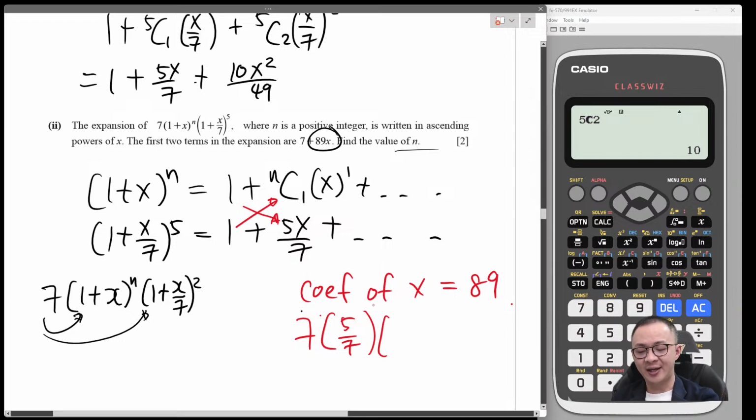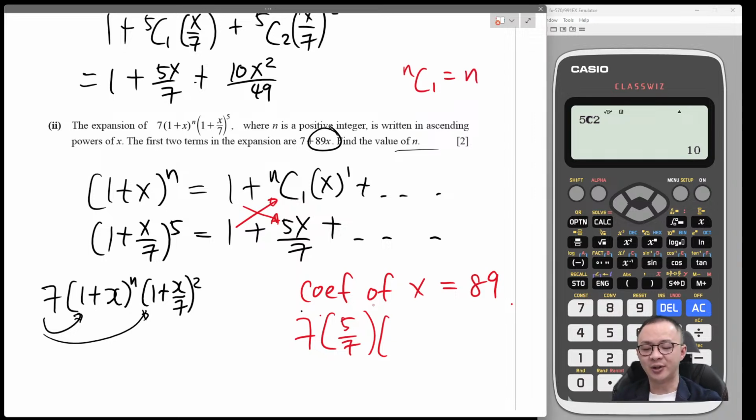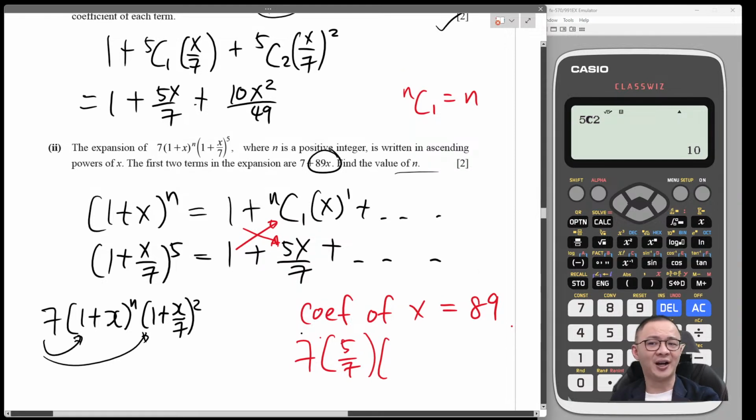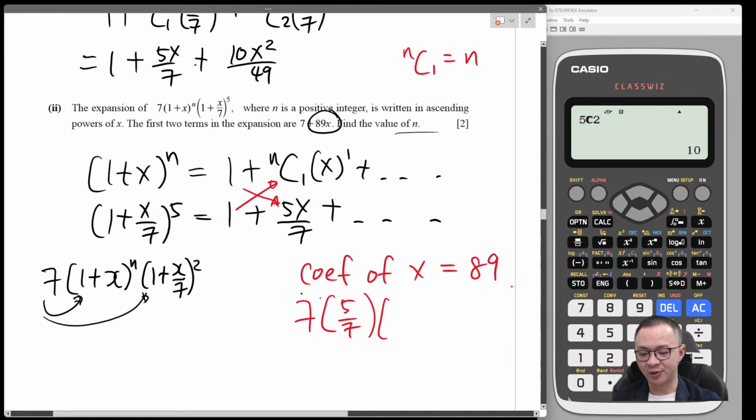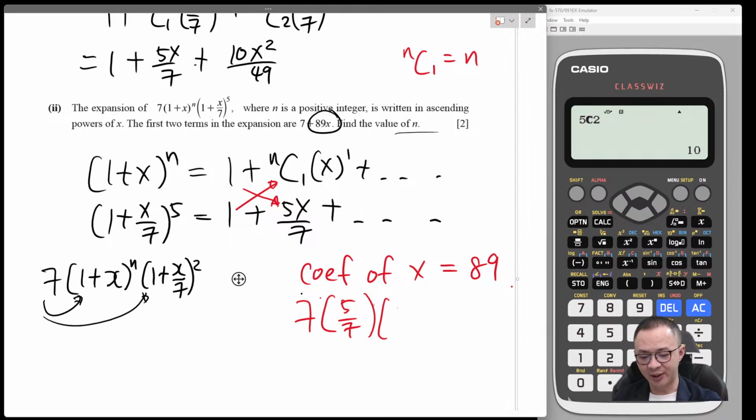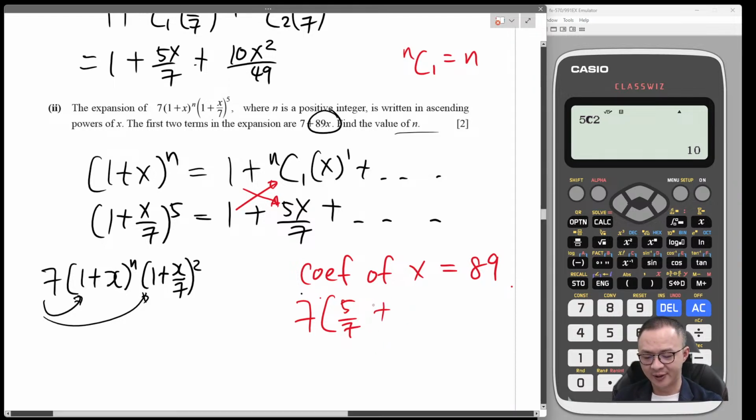Yeah, nC1 should equal n. You should know about this one, because 5C1 equals 5. Or you can use the nC1 formula to actually prove it. So this one is basically n. Okay, then I multiply the n. Plus, sorry, I will plus the n.